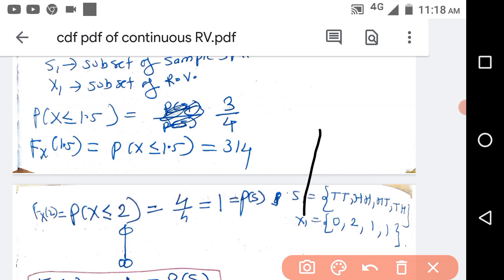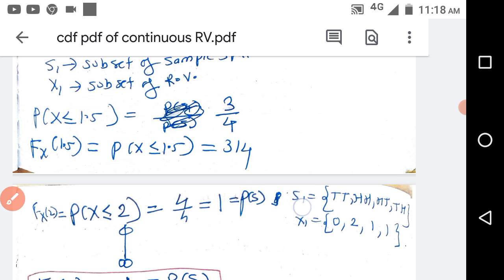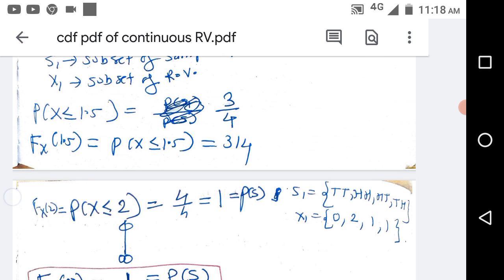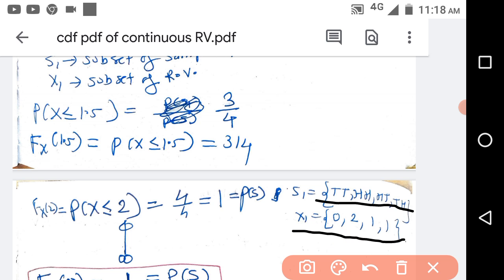Now, if you want to find the probability X less than or equal to 2, it includes all the sample points. So the subset is the total sample points, and all the random variable values are there.